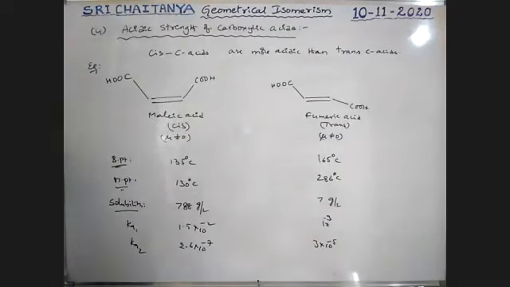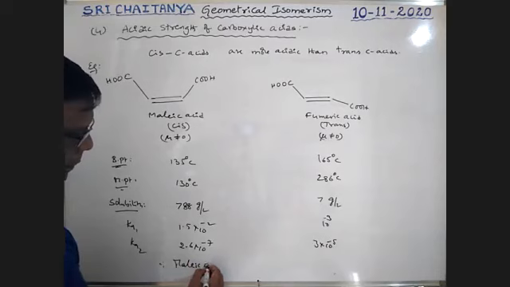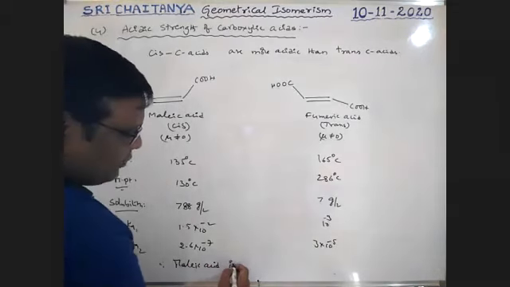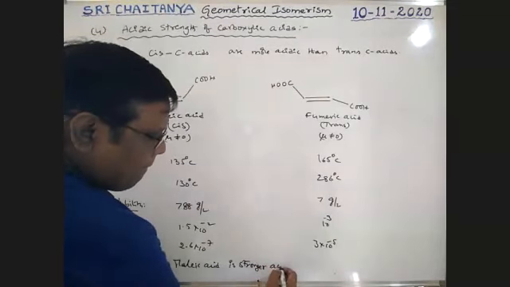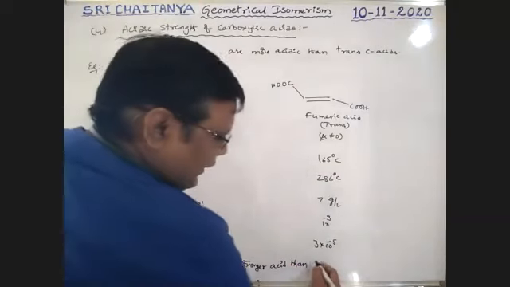acidic. Therefore, finally, what we are going to discuss is that malic acid is a stronger acid than fumaric acid.